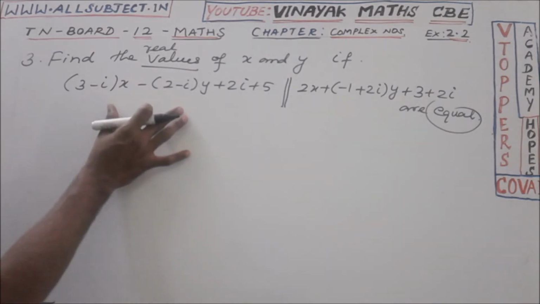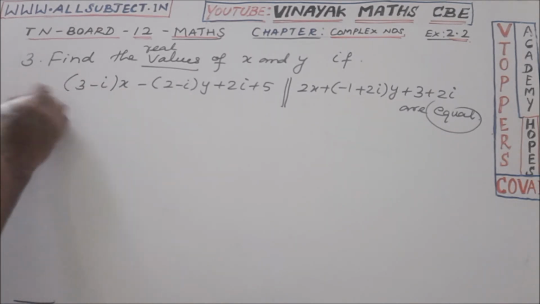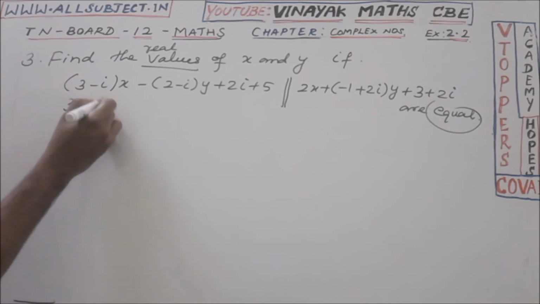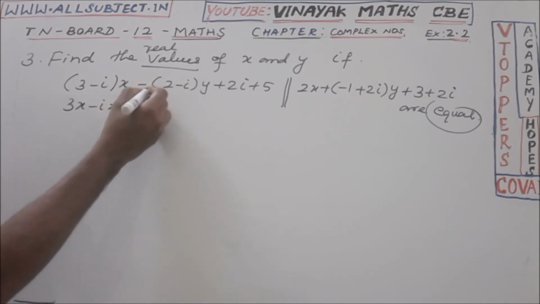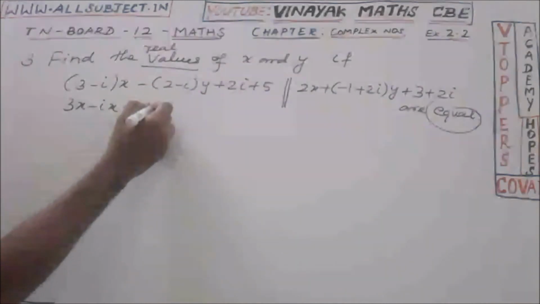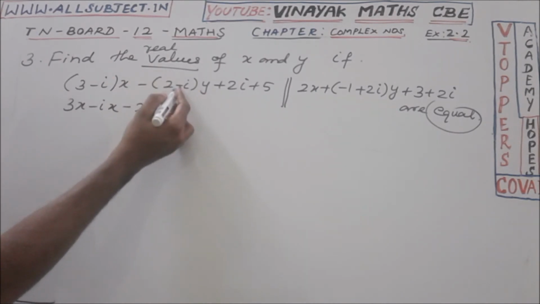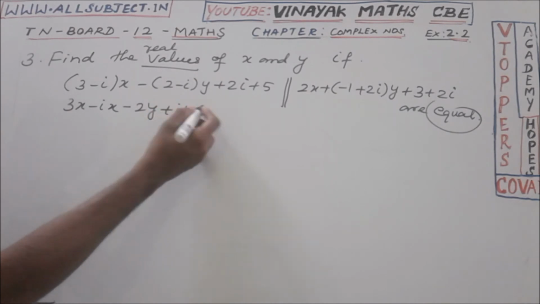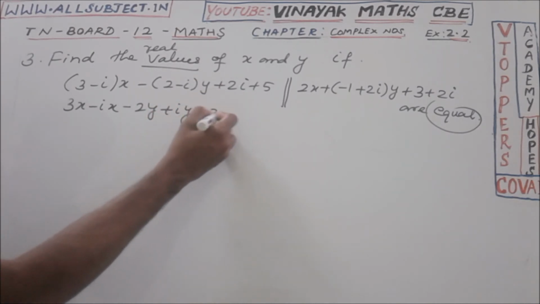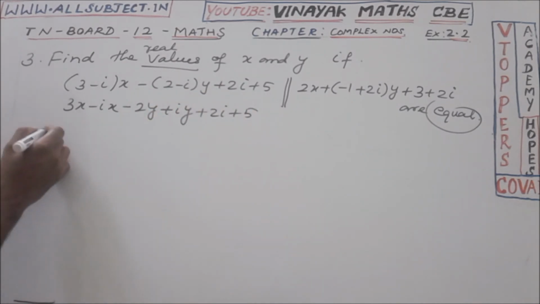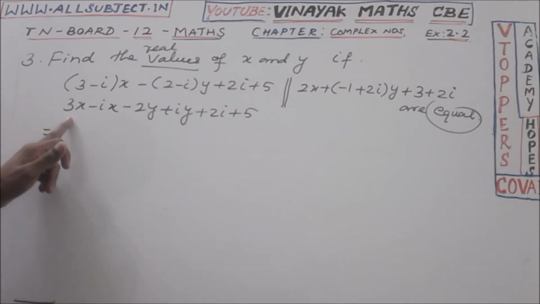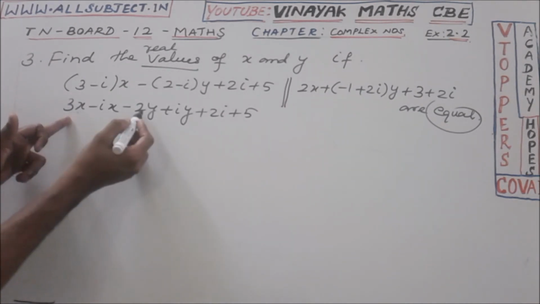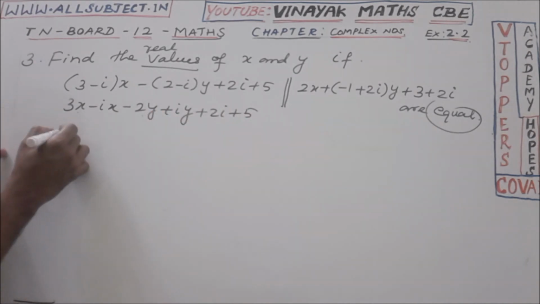So simplify it as a complex number first. Multiply inside: 3x minus ix, and multiplying by y, minus 2 into y is minus 2y, then minus into minus is plus, iy, then 2i plus 5. Now the terms without i are the real parts: 3x minus 2y plus 5.